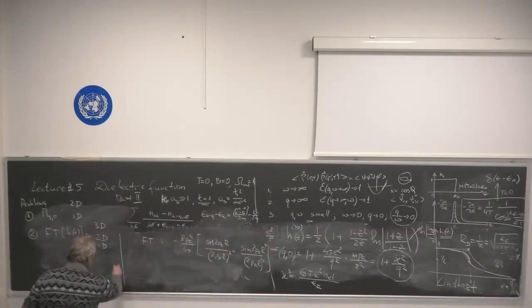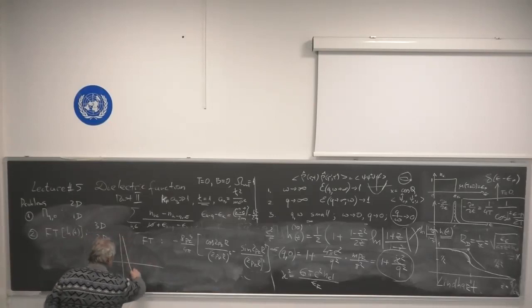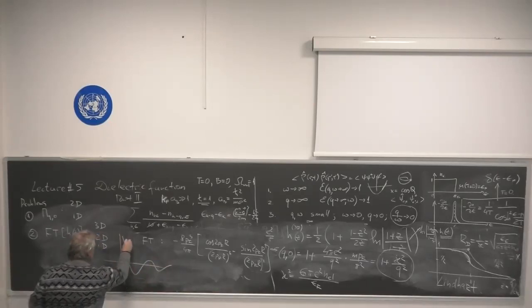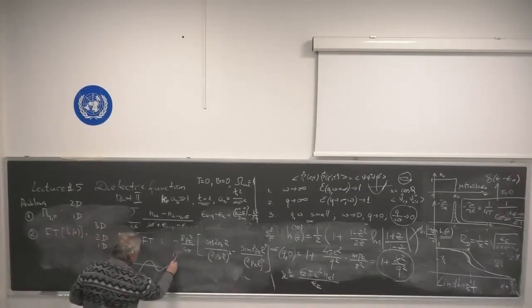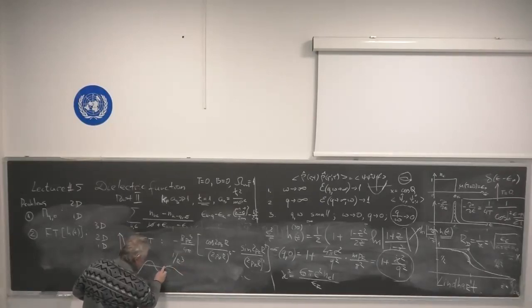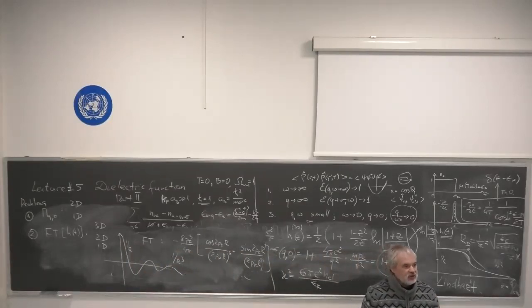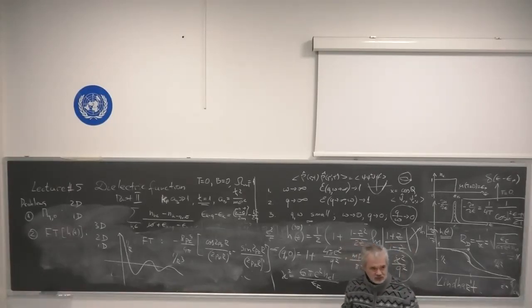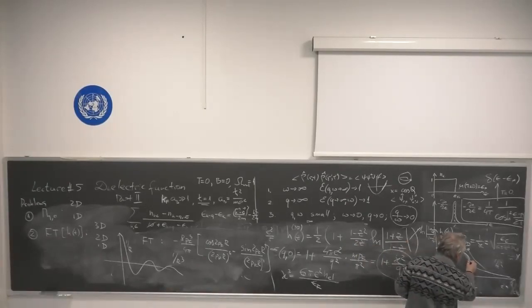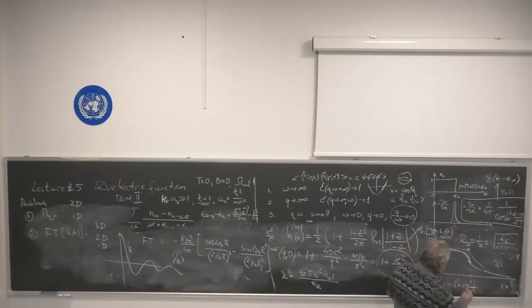So if you plot it, it behaves as 1 over r for small r, and it behaves as 1 over r cubed for large r. And this function is oscillatory. What is interesting about this function is, first of all, these oscillations are related to the inflection point or kink.